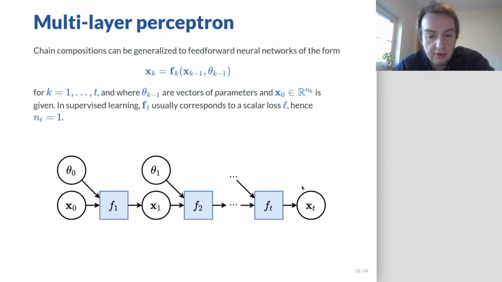In terms of the graph of computation, we would have something like this, where the nodes represent variables, either input data or parameters, and the blue boxes correspond to these functions.